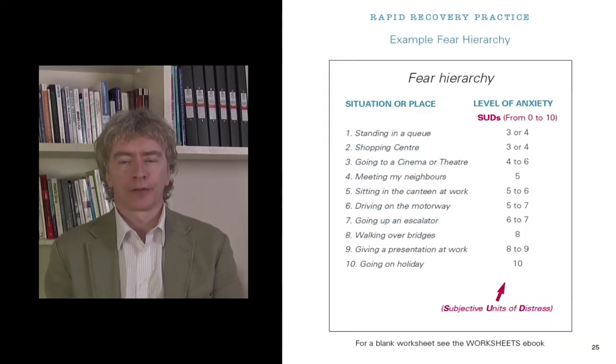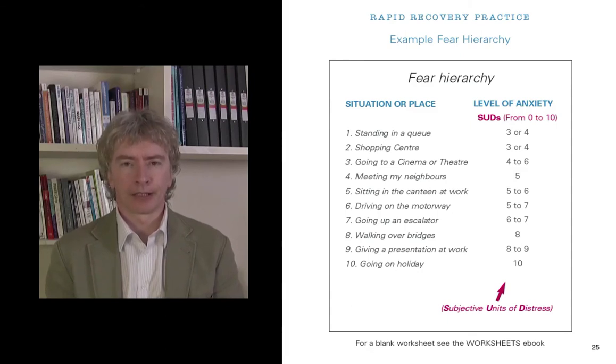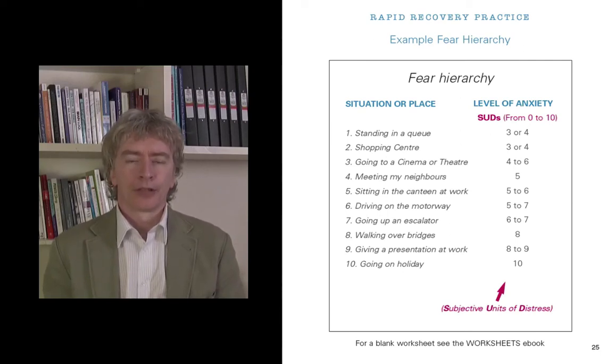Page 25, there's an example of a fear hierarchy. On the left hand side, situation or place. On the right hand side, the level of anxiety it produces, your SUDS rating. So in this particular example, the least anxiety provoking situation, and it's a good idea to start with something that produces some anxiety.